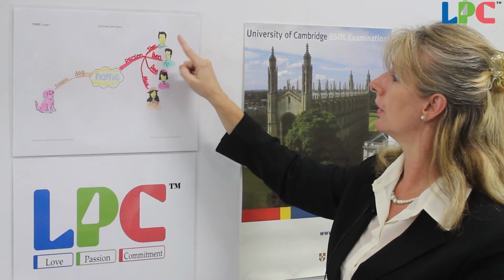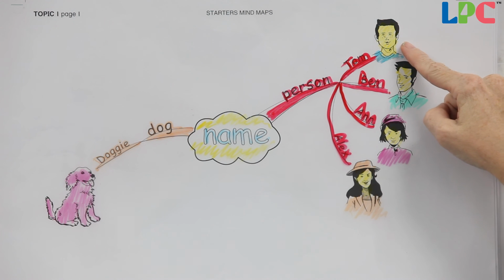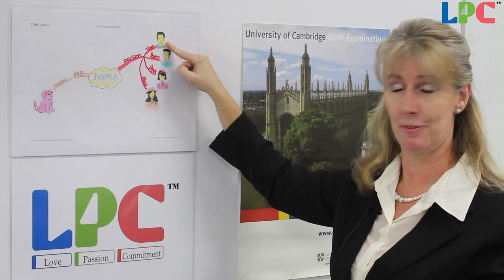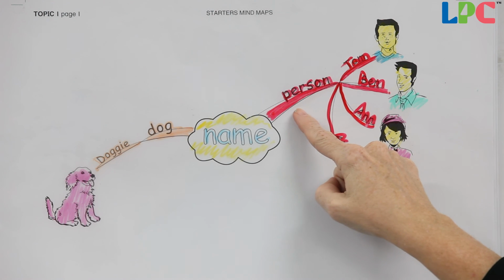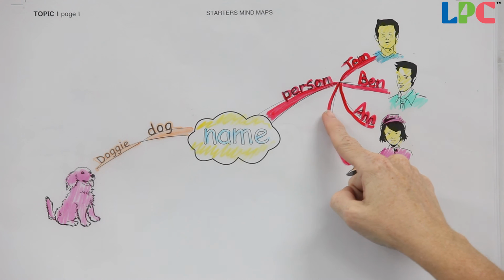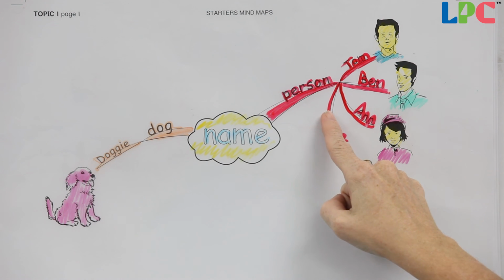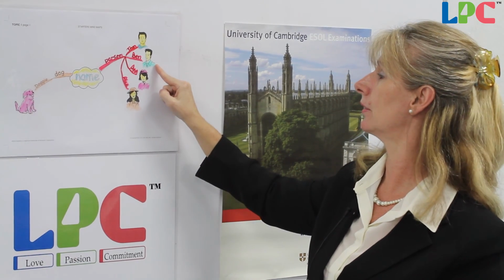Very good. He is a person. He is Tom. Very good. He is a person. He is Ben. He is a person. He is Ben. Very good.